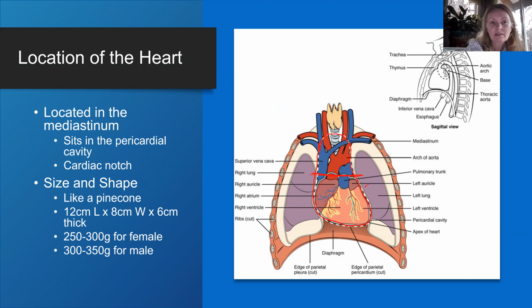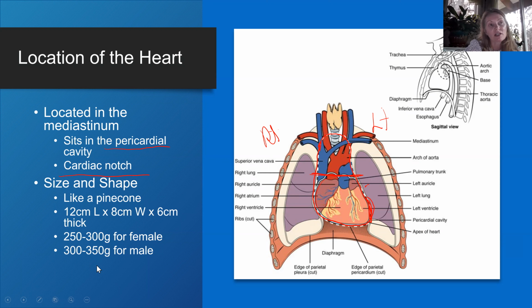It's moved to the left, and it occupies some space of the left lung, and that's why the left lung has only 2 lobes and has this notch, called the cardiac notch. Your heart is about the size of a pine cone or your fist, and it's about 300 grams. It varies, of course, from person to person.